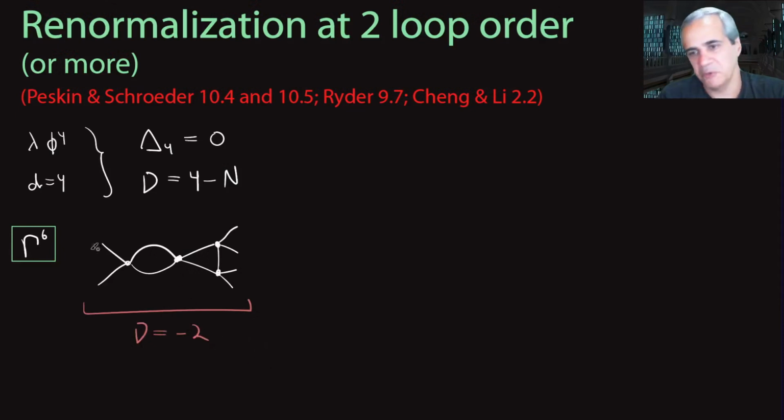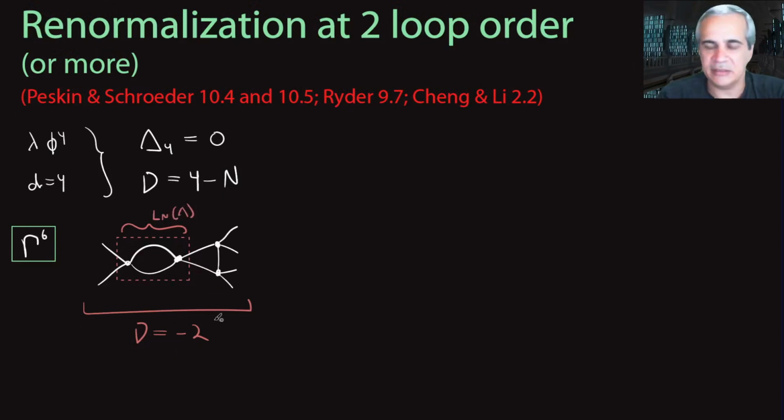So from the superficial divergence criterion, this is convergent. But we know that this guy right here, we calculated it before, and this is actually divergent. This is exactly the contribution we calculated for the 4-point function. And this guy diverges by the log of lambda.